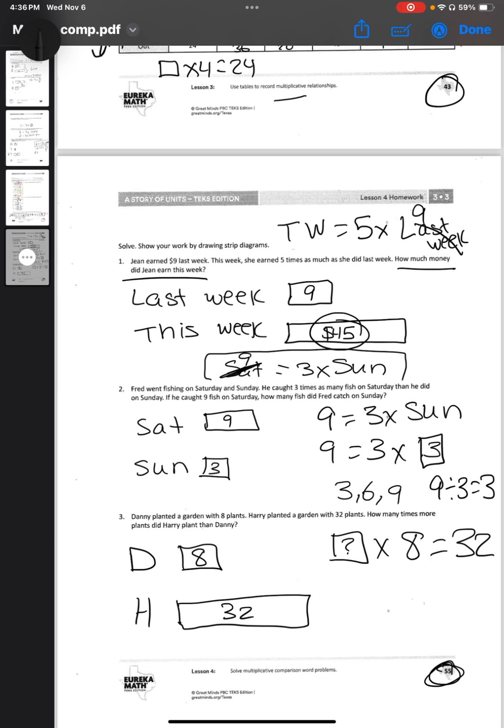We've worked on our 8 facts this week, and we really focused on 8 times 4 today, and that equals 32. Therefore, what goes in this blank must be a 4, because we know 8 times 4, or 4 times 8, is 32. So how many times more plants did Harry plant than Danny? 4 times. He planted 4 times the amount of plants, and that is why he has 32 plants.